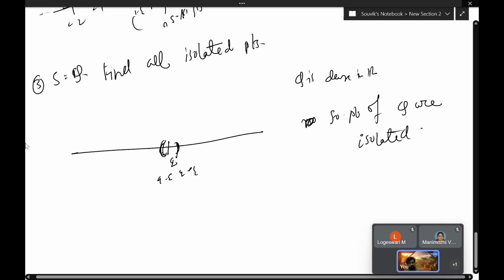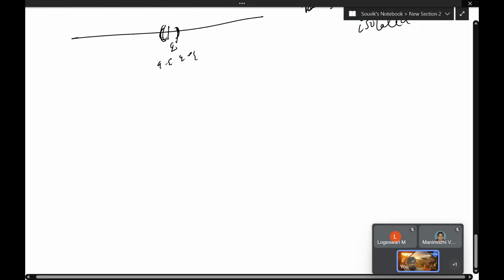There is another thing, which is that we need to show that a finite set has no limit point. How to do this?